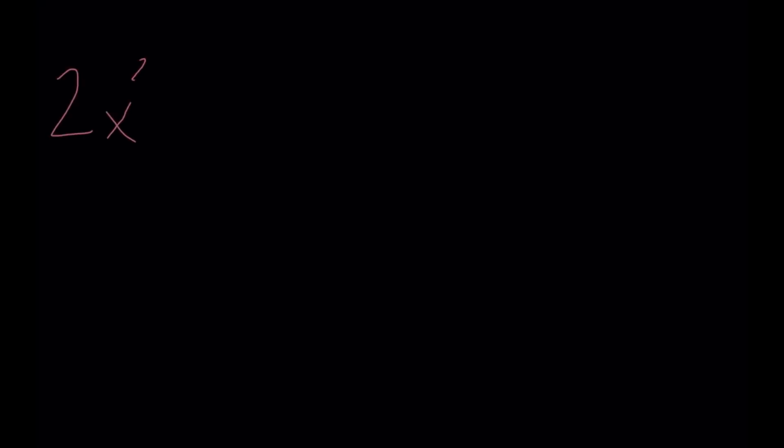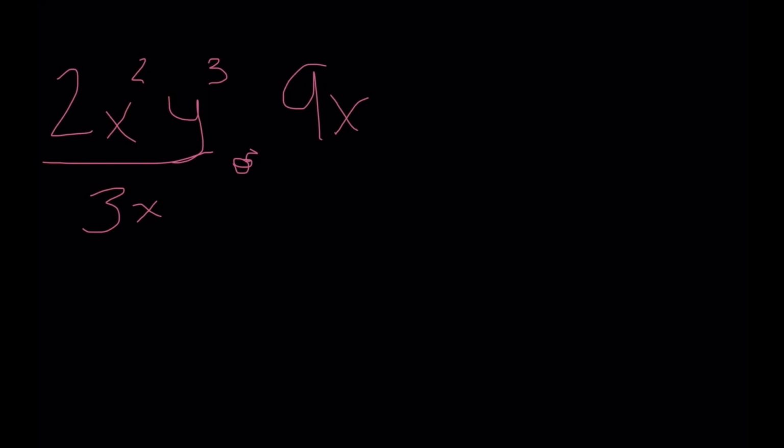Okay, first we have 2x squared y to the third over 3x times 9x squared y to the second over y to the fourth.